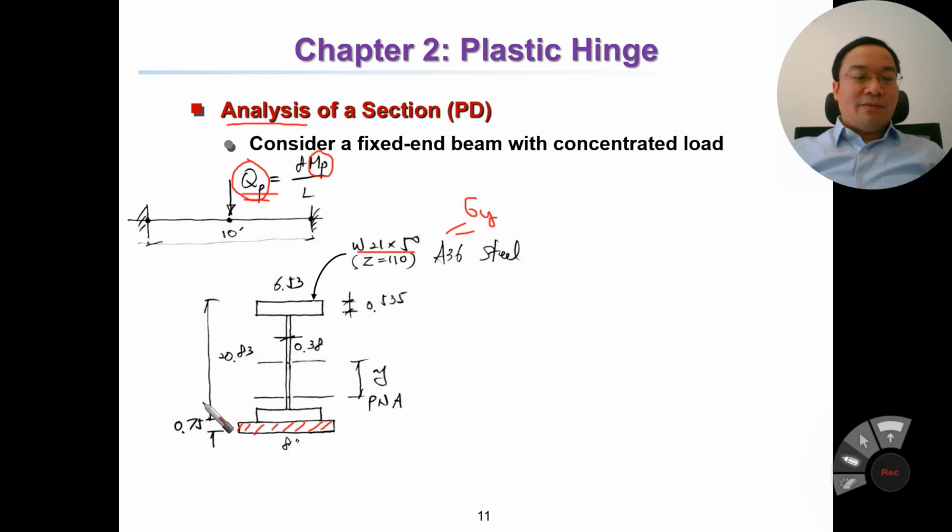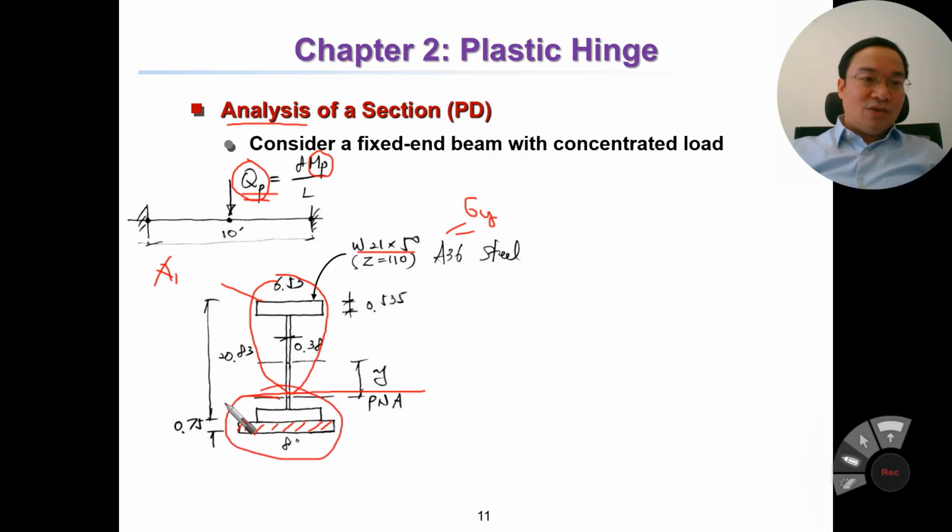So to determine MP, we have to calculate this section. Here is the PNA, and this part is A1 in compression, and this part is A2 in tension, and A1 should be equal to A2.